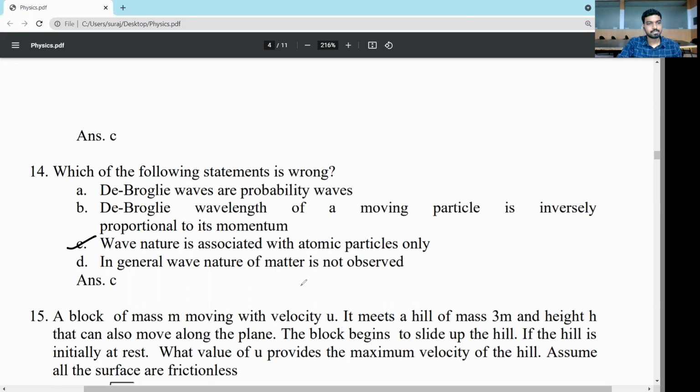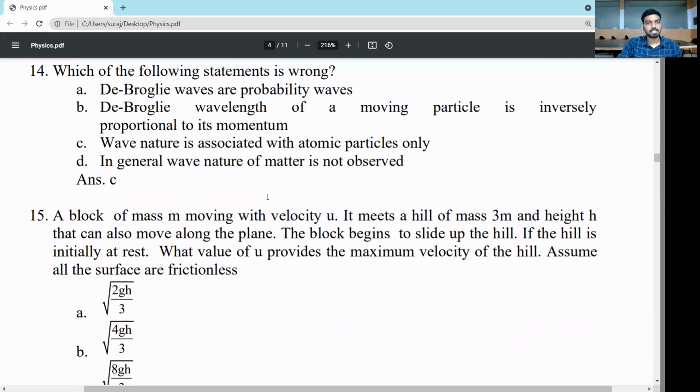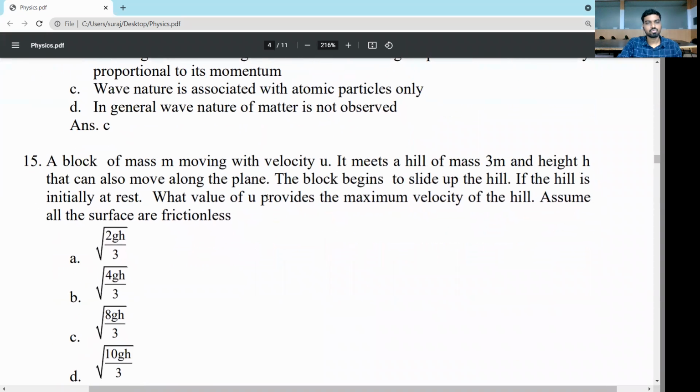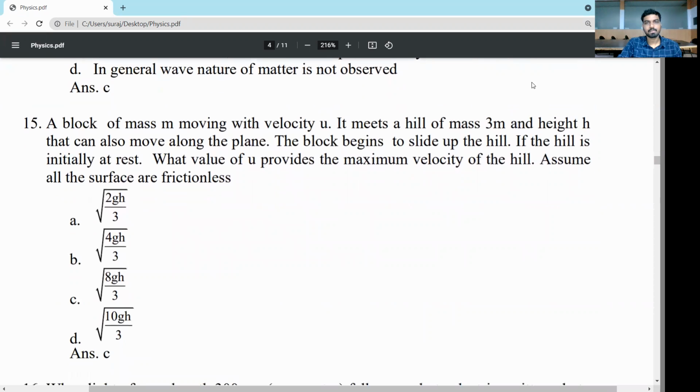Next, 15th. A block of mass m moving with velocity u meets a hill of mass 3m and height h, which can also move along the plane.